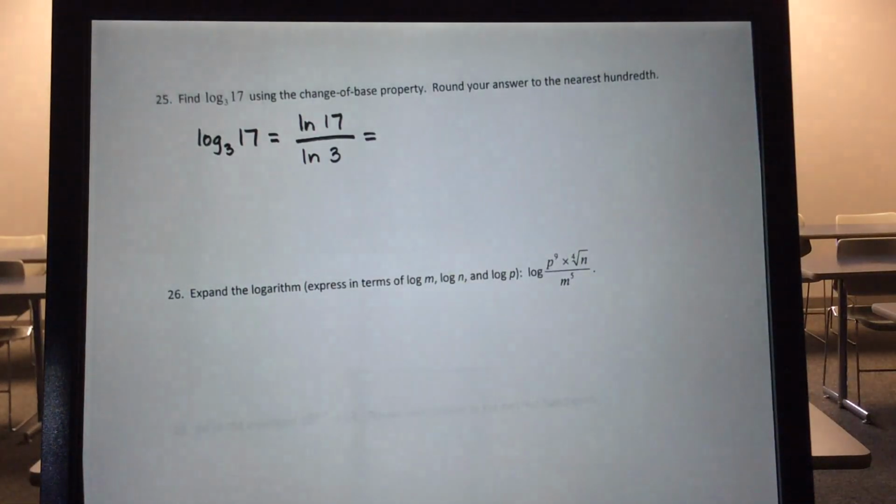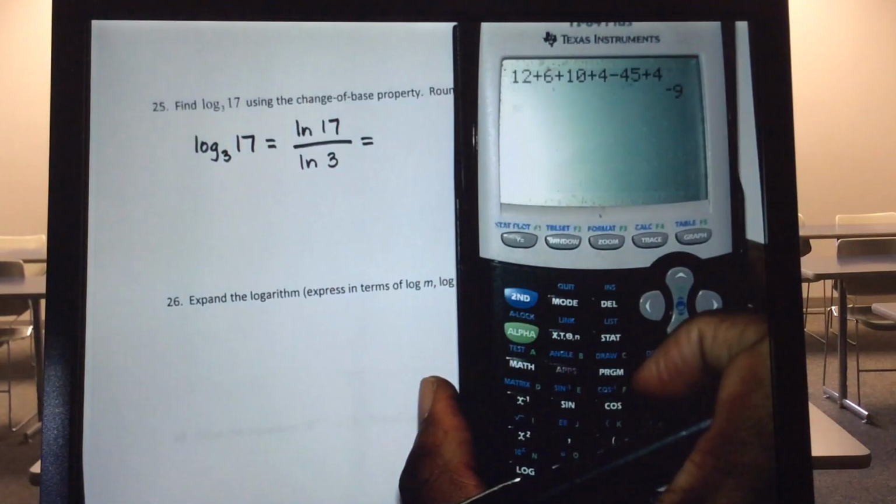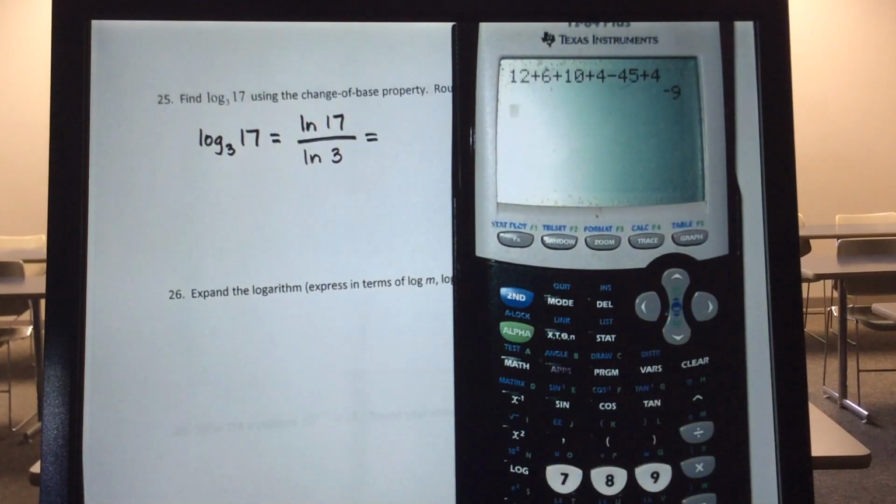If I was to enter that in the calculator, I press the LN key and then type in 17. You want to close the parentheses around the 17. Otherwise, you're going to get a wrong answer because you only want the natural log of 17. That's going to be divided by LN, press the LN key, and then 3, close parentheses, and then hit enter.